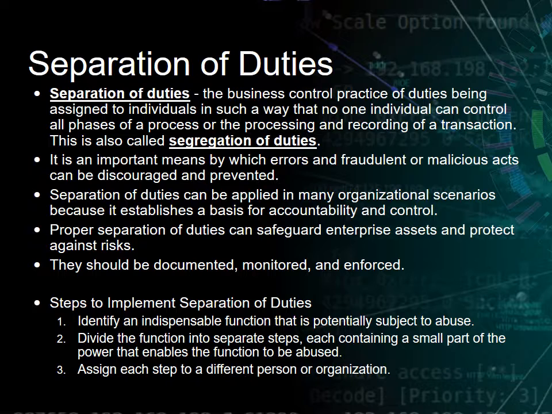So the steps to implementing segregation or separation of duties is to identify an indispensable function that is potentially subject to abuse. So let's say payroll. Divide the function into separate steps, each containing a small part of the power that enables the function to be abused. So, for example, maybe in your payroll department you have one person who enters in a number of hours.